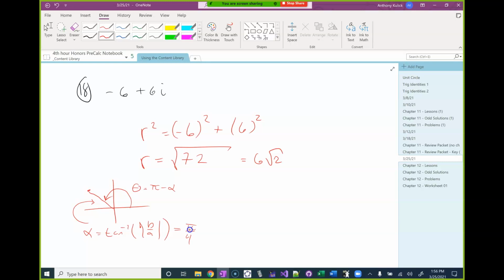Anyways, so this is going to be 3/4 pi, or 3 pi over 4. So those are the two things that I need. So my answer is 6 root 2 times cos 3 pi over 4 plus i sine 3 pi over 4.